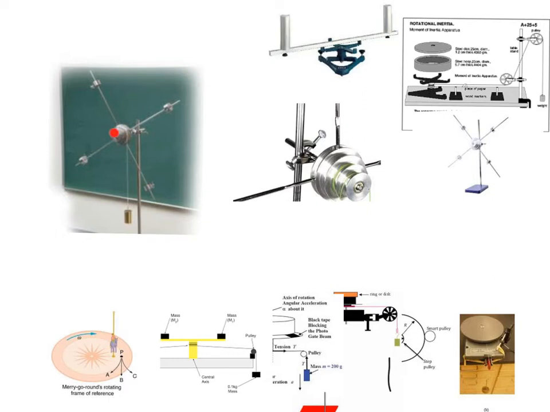And when we wrap the string around and put a weight on it, the weight is going to fall and accelerate, and the rotating apparatus is going to accelerate this way. And we can adjust the weight that we put on there, we can adjust the place that we put it, and we'll get different kinds of acceleration. So this is a little more detail on this apparatus that we will use in some of the problems that you'll see in the assignment.